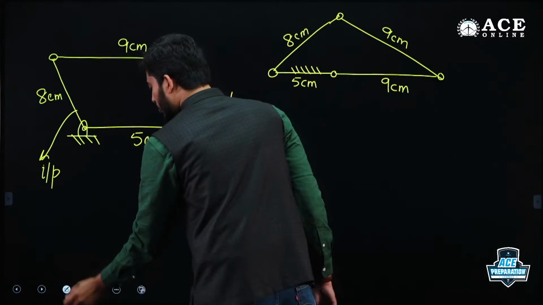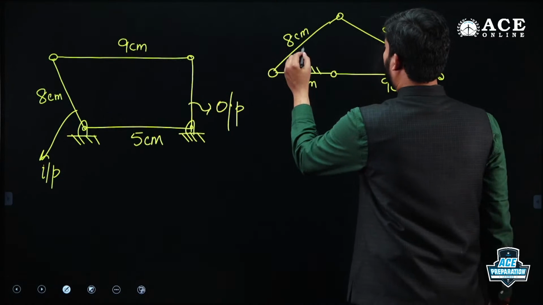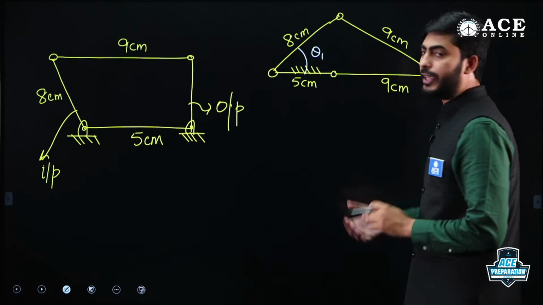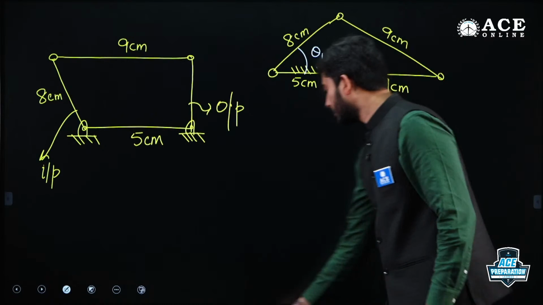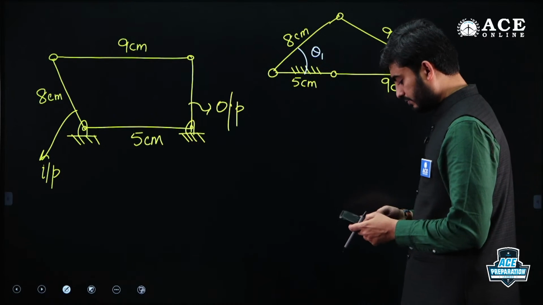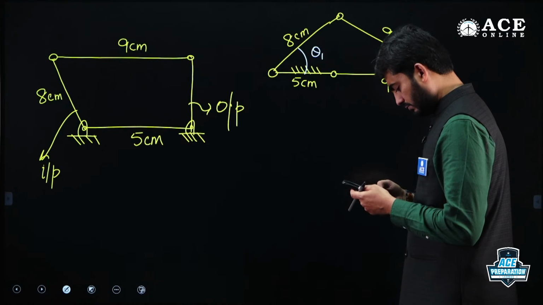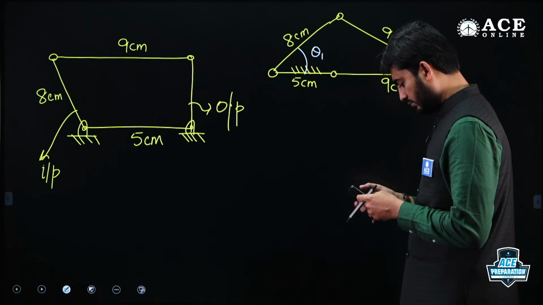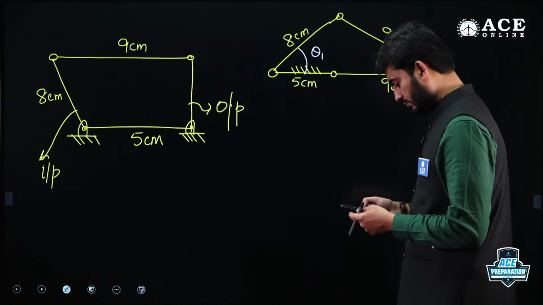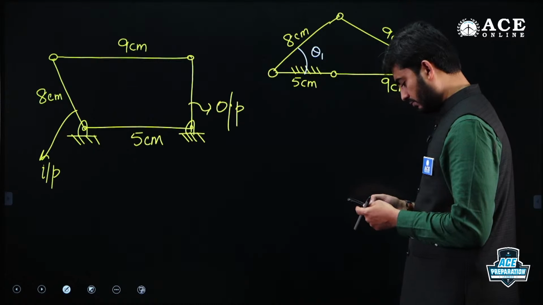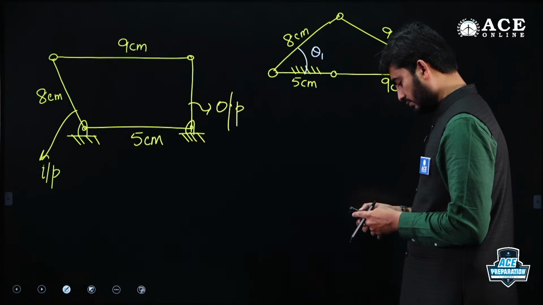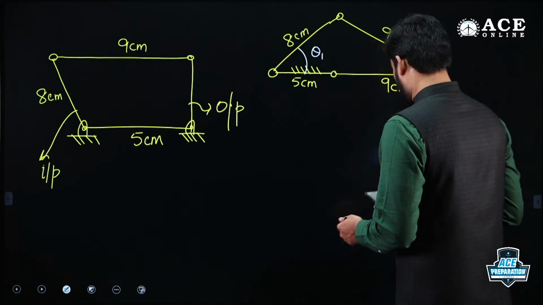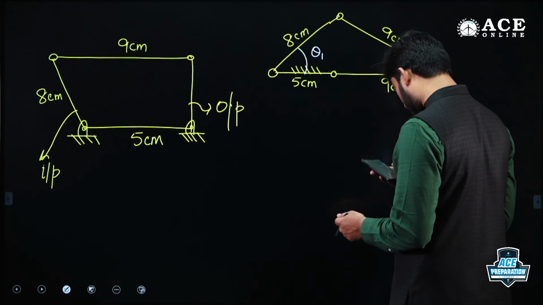So I want all of you to get the answer for me. What will be this angle? Let us say this is theta 1. Apply the cosine rule guys and please respond. Yes, it will be 7 centimeters.